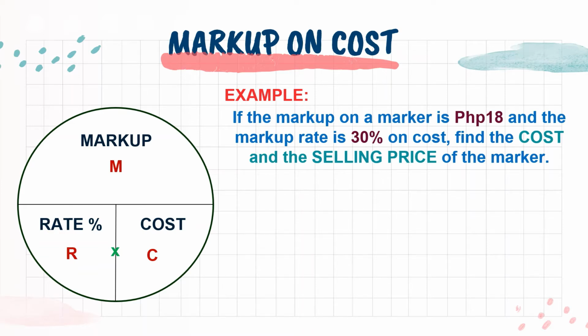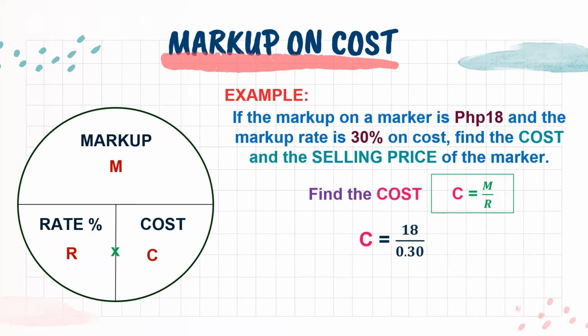So we will find how much is the cost and the selling price. Find the cost. C is equal to M over R. C is equal to 18 divided by 30%, or 0.30. The answer is 60 pesos, meaning the cost price is 60 pesos.